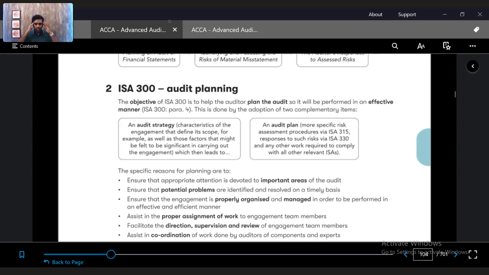It will give you your starting point. Like, I know that I have to travel by car because flight is expensive and traveling by car is easier. So audit strategy will help you to set the scope, timing and direction of the audit.